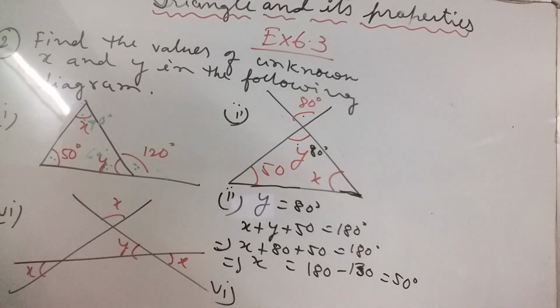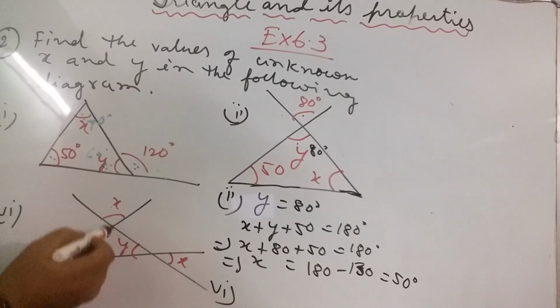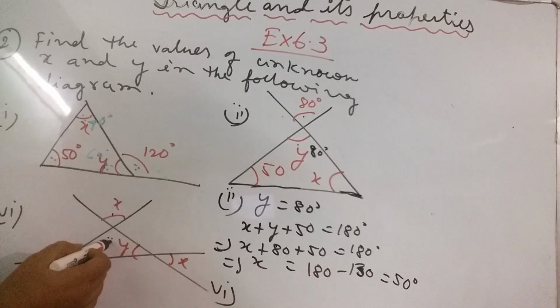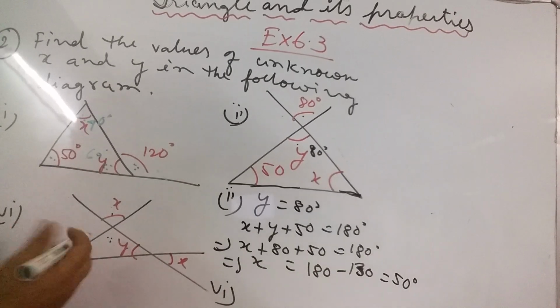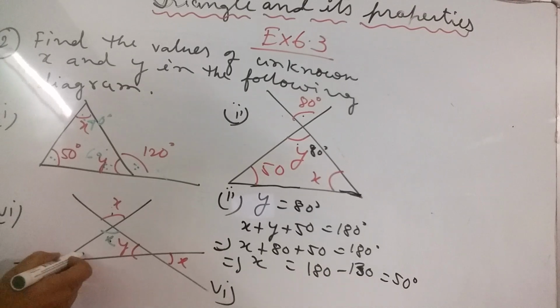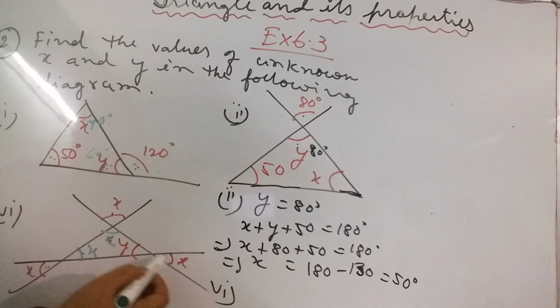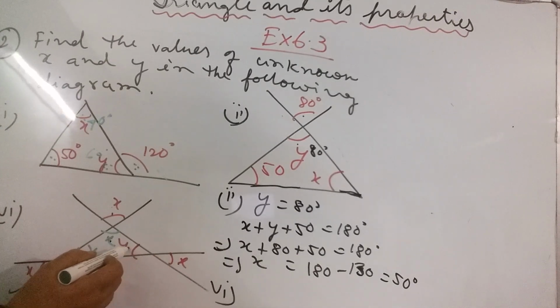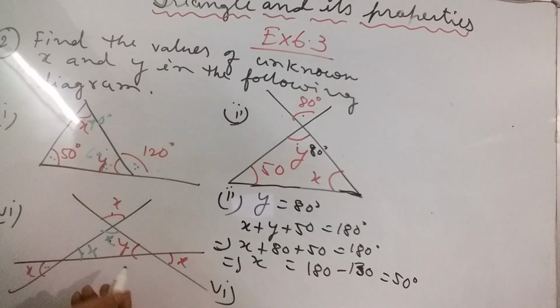Next is question number 6. Okay, this angle x and this angle are vertically opposite. As they are vertically opposite, this angle is also equal to x, and this other pair is also vertically opposite, so this angle is also x. They must be equal because vertically opposite angles are equal in measure.